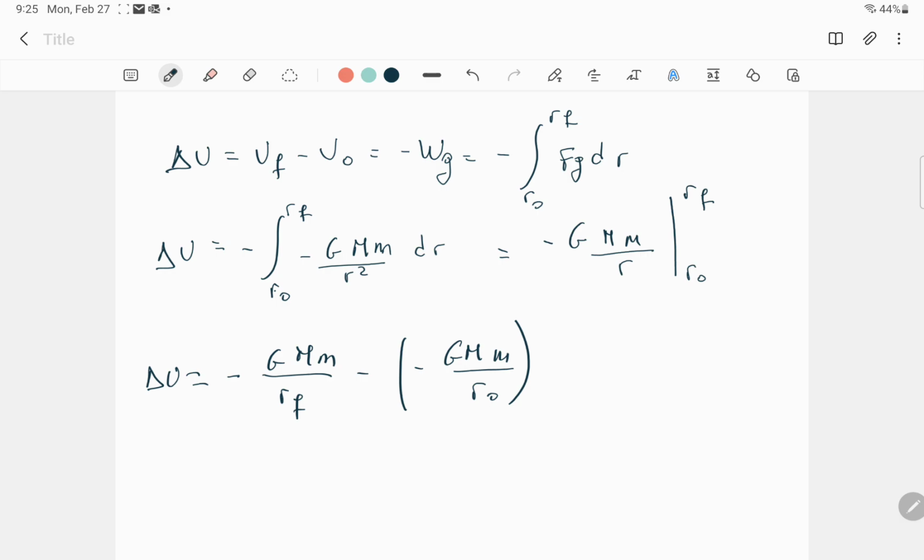You can organize this in any way you want. In general, we said the potential energy equation is just minus GMm over R.